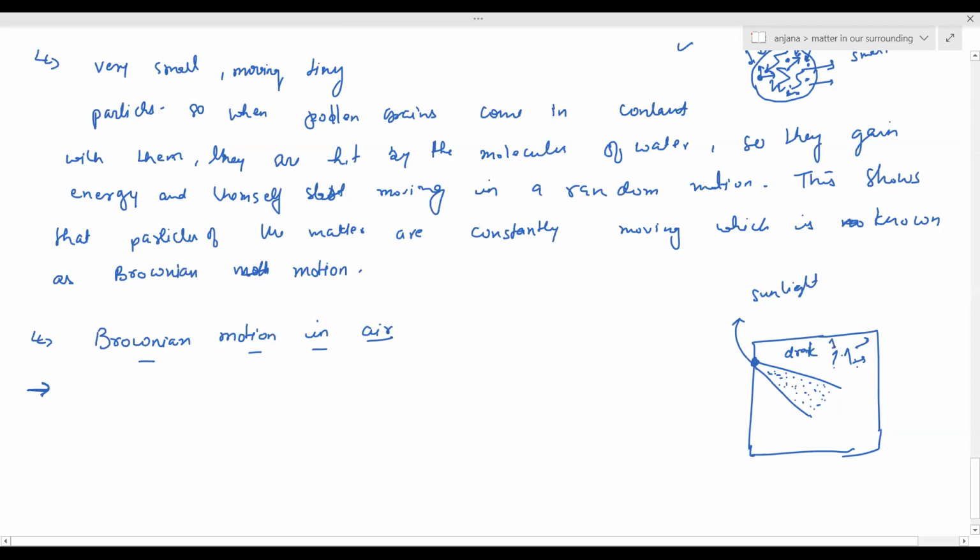But since they are way too small, you cannot see them. Dust particles you can see with your naked eyes, without any microscope. When these gas molecules constantly move, they collide with the dust particles. The dust particles get energy, and that is why they move randomly. So again, this is also one of the evidences for Brownian motion.